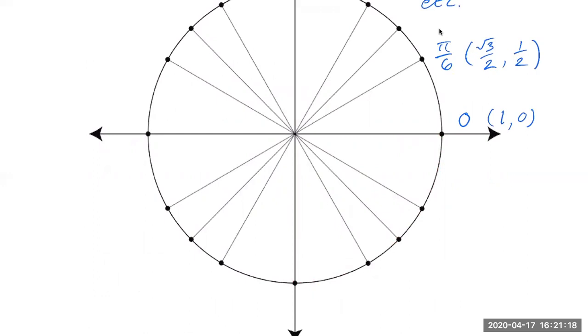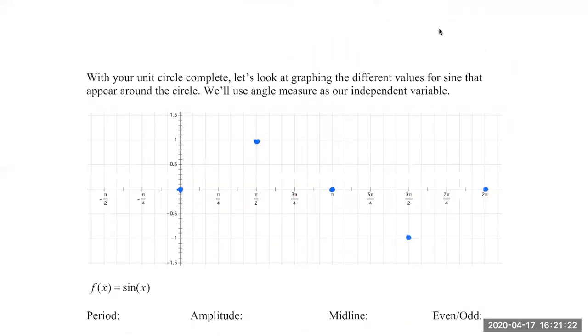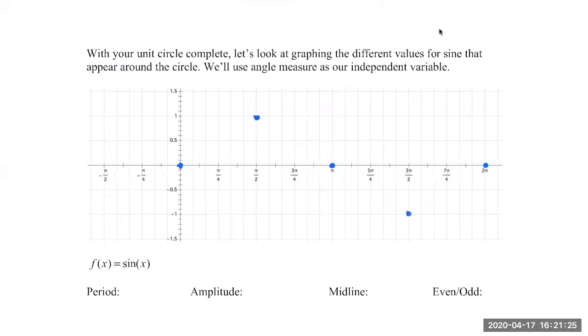And that would mean that negative pi over 2, right there, also right here, negative pi over 2 would have had a sine value of -1.